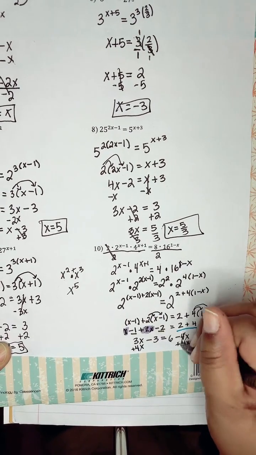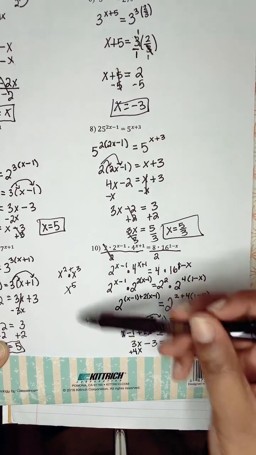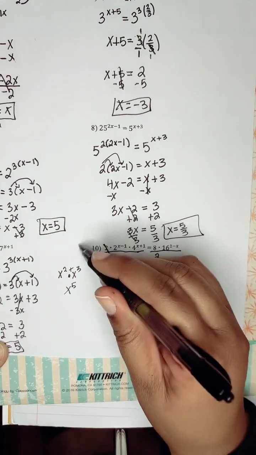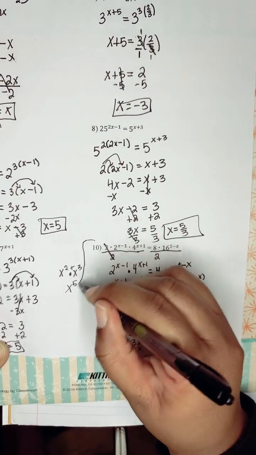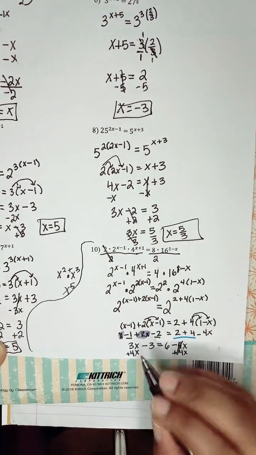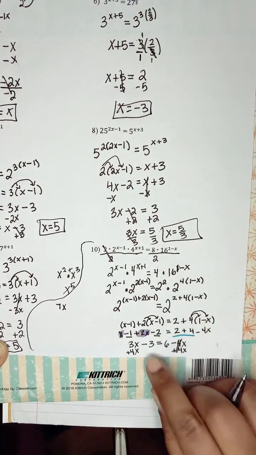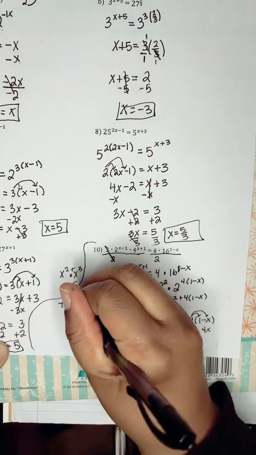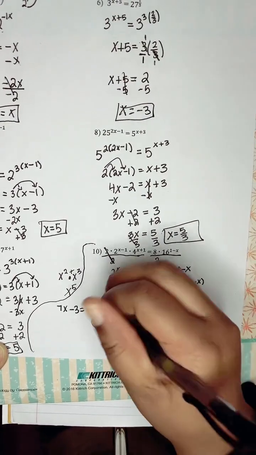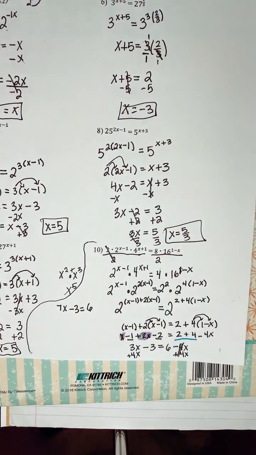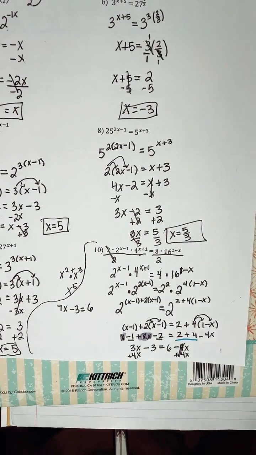Well, I'm running out of space. So I'm going to move it over here, you guys. Okay. So we'll do this. So 3 plus 4 is 7x. We're going to move that negative 3 here equals 6. Now we're at a 2-step equation.